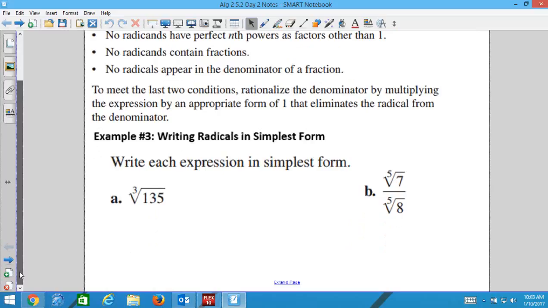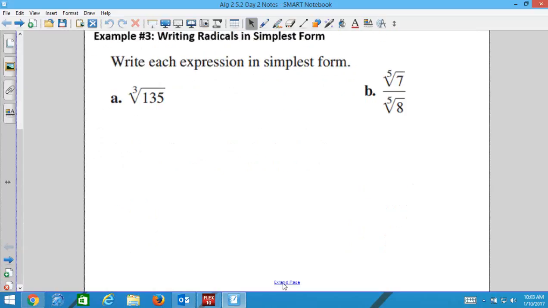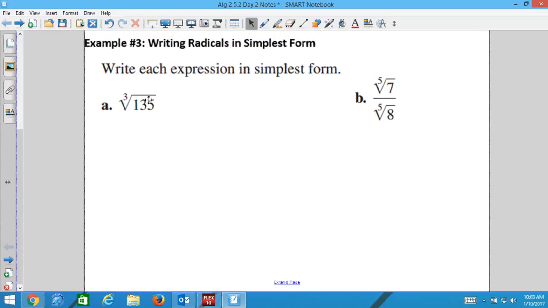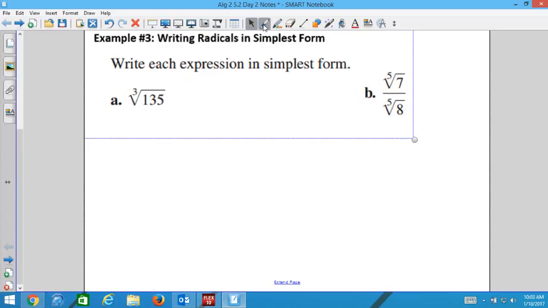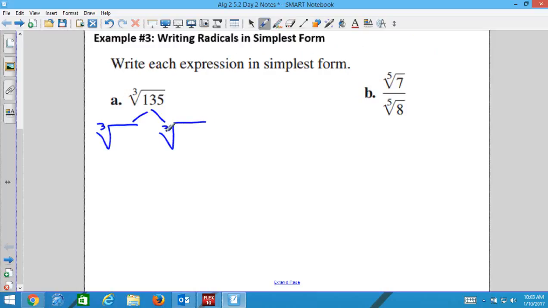Question A, we can simplify. The same way we did it when we had square roots, we're going to do this with cube roots. So you're going to start by finding two things that multiply together to give you 135. But the first one needs to be a perfect cube.